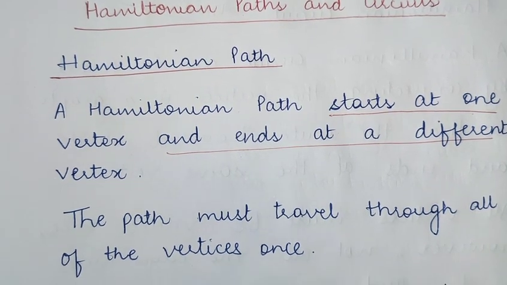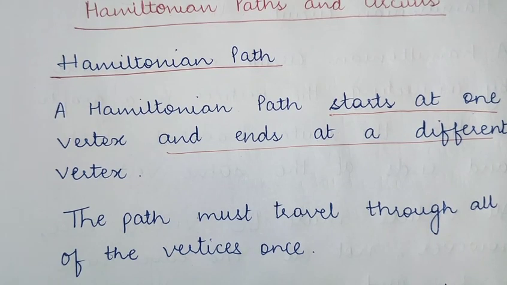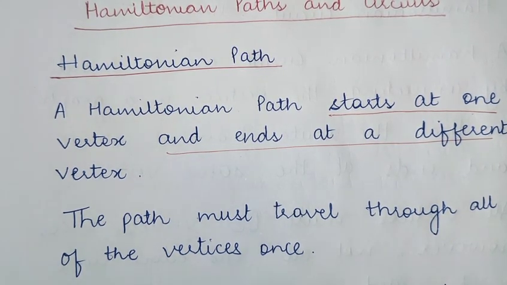Then the second condition is that the path must travel through all of the vertices once. That means the path should contain a walk which traverses all the vertices of the graph once. No vertex is traveled more than once, and all the vertices in the graph are traveled.